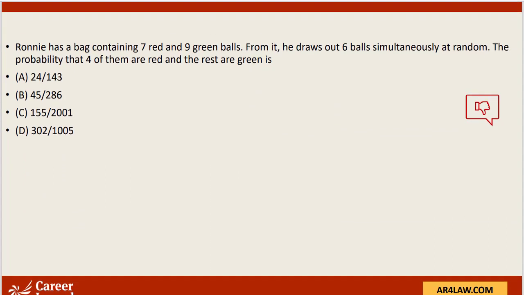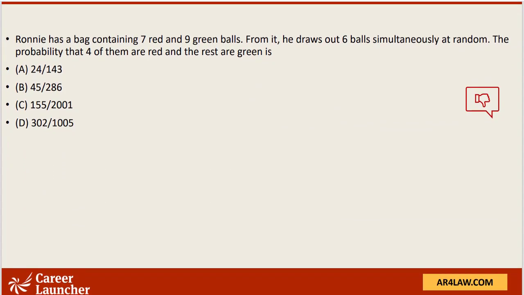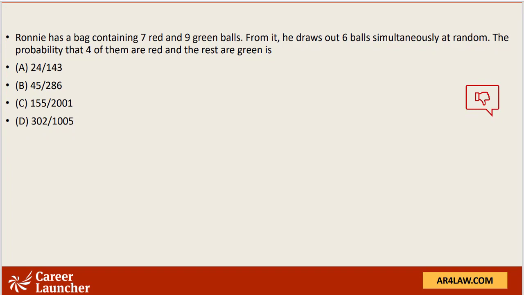Now this question was on permutation combination. So there's a bag which has 7 red balls, 9 green balls, 6 balls have to be drawn at random, and the probability of 4 of them being red and the rest green was to be found out.